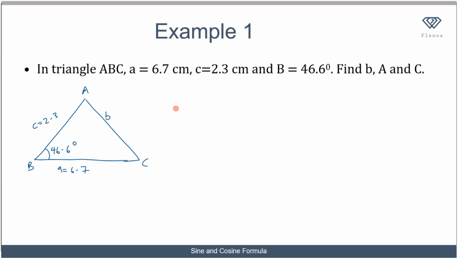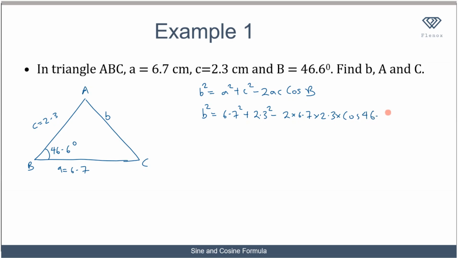Now if I write out my cosine rule in terms of B, I have B squared is equal to A squared plus C squared minus 2AC times cos B. So I can write B squared is equal to my A in this case, 6.7 squared, plus my C, 2.3 squared, minus 2 times 6.7 times 2.3 times cos 46.6.